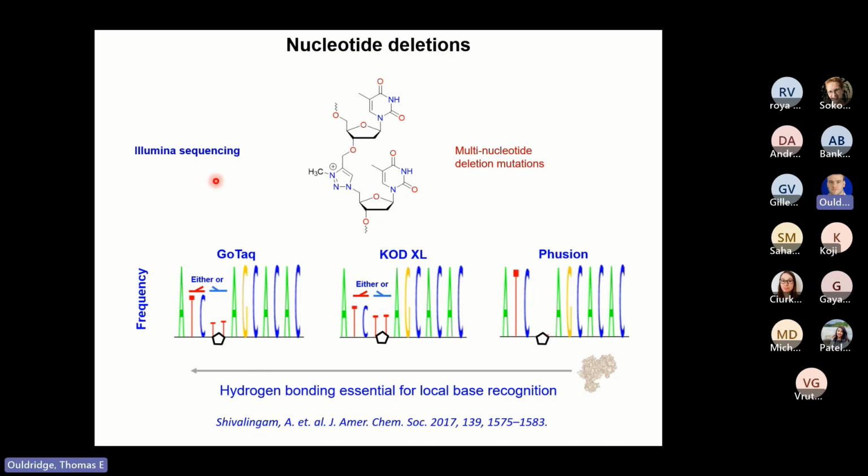And what we're showing here is that in this case with GOTAC, we got some deletion of T and C and these 2 T's. With CodXL, we got also deletions in this area, and with Fusion, we got even stronger deletions. So just a simple addition of a single methyl group messed up the ability of the polymerase to treat that backbone as a normal backbone.